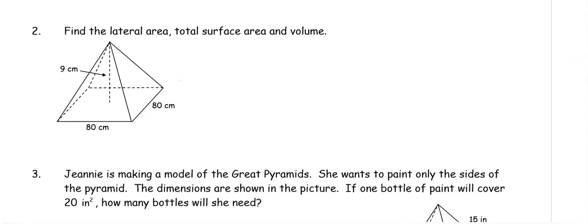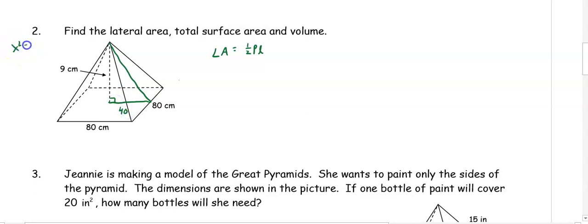In number 2, we want to find the lateral area, the total surface area, and the volume. So our lateral area is going to be 1/2 perimeter times the slant height. We don't have the slant height yet, so we're going to draw that slant height in, and we're going to split 80 in half, so this part is 40. So if we do Pythagorean theorem, we get x squared equals 9 squared plus 40 squared. So we get x squared equals 1,681.